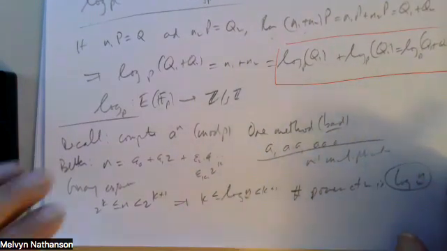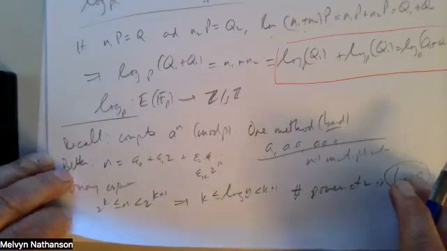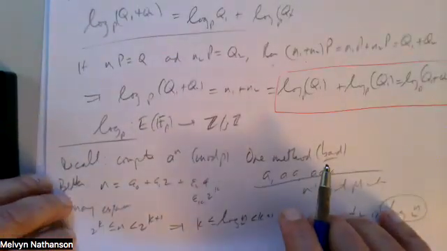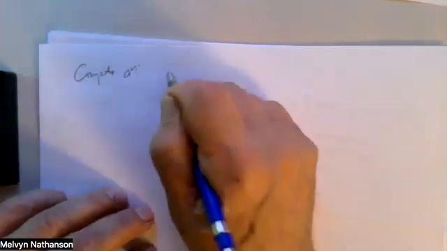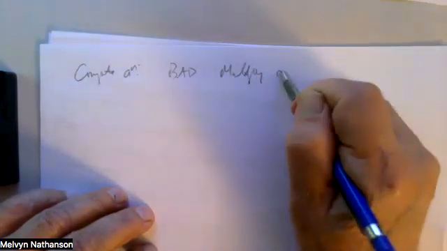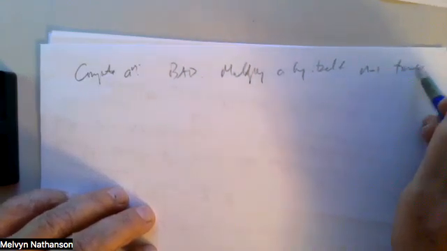And why is that enough? So let's just recall, how do you compute a to the n? Bad way, multiply a by itself n minus 1 times.